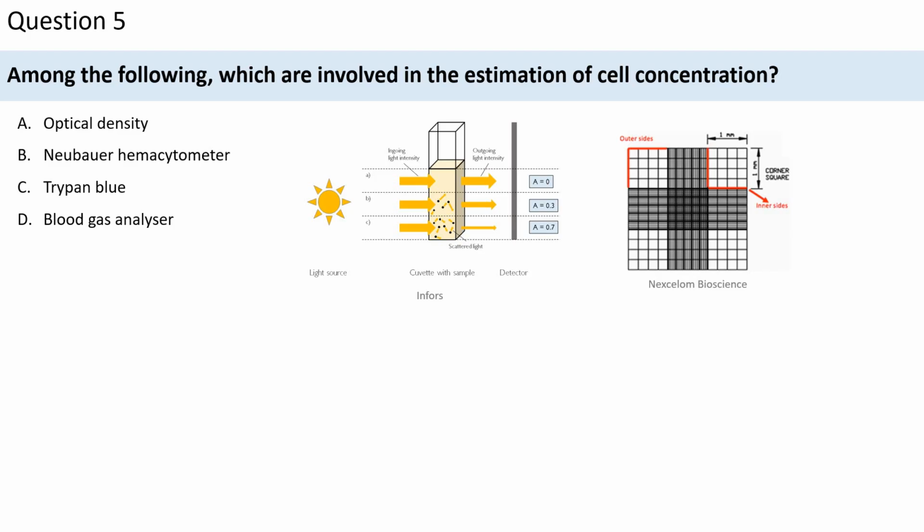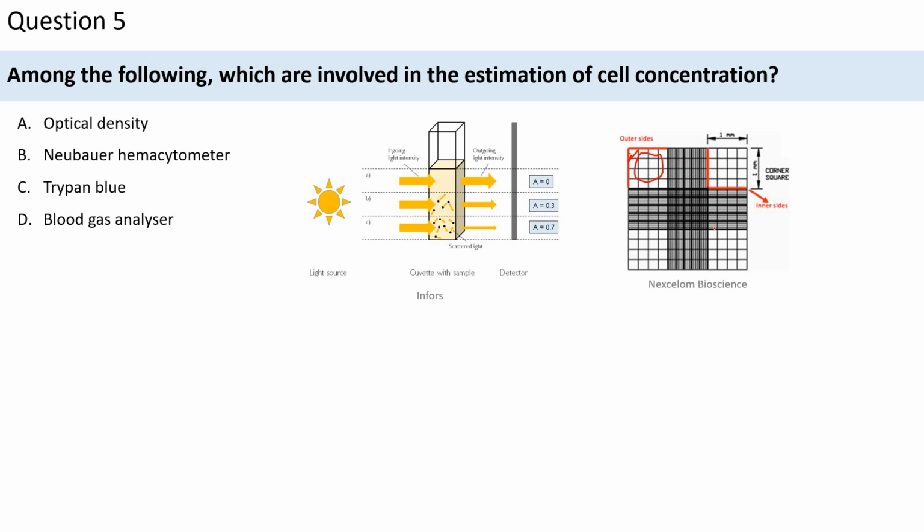And B is hemocytometer. We all know that hemocytometer is mainly used for cell counting. For mammalian cells, they usually put the cells at one corner, and based on the number of cells present in each block, we multiply it by 4, because all these are equally split.